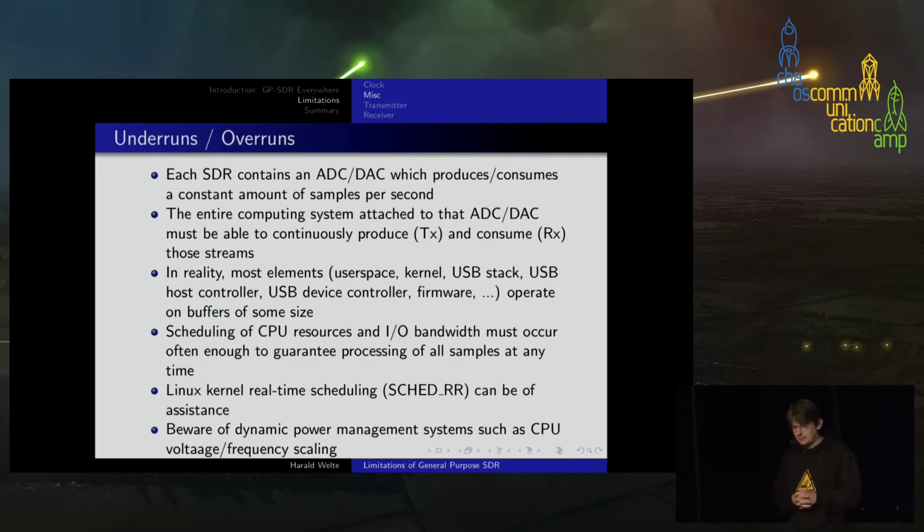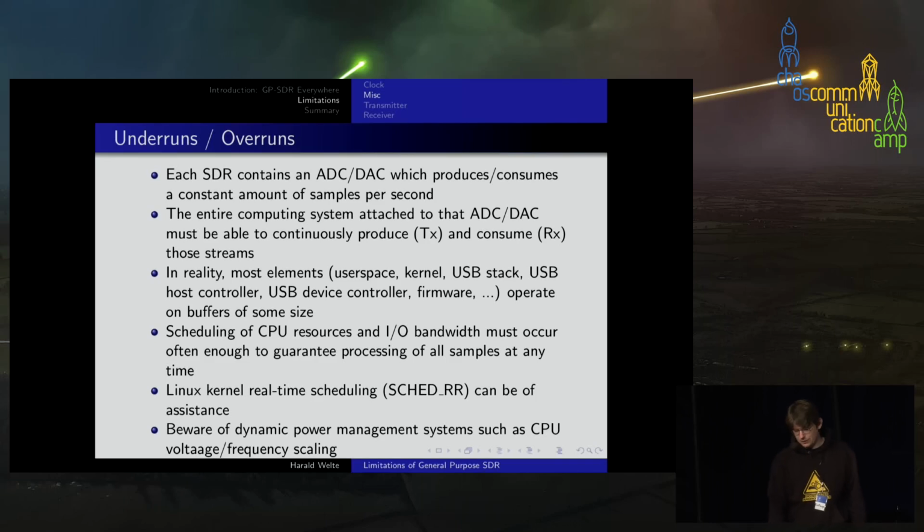One thing that can help a little bit is using real-time scheduler priorities, SCHED_RR on Linux. And you also have to pay a lot of attention to dynamic power management systems, which may change your CPU speed and frequency at runtime. So better disable all these things if you want reliable operation with an SDR-based system.